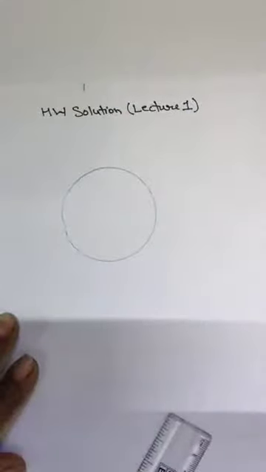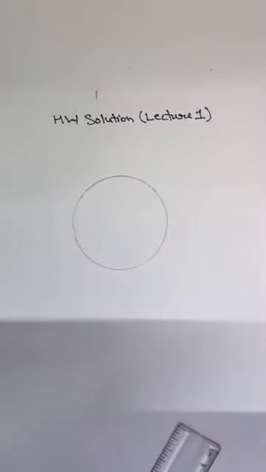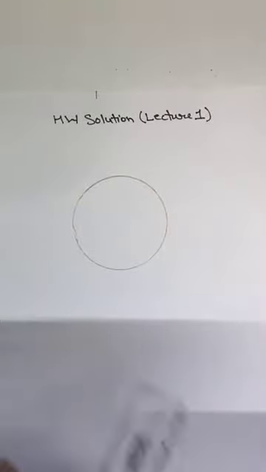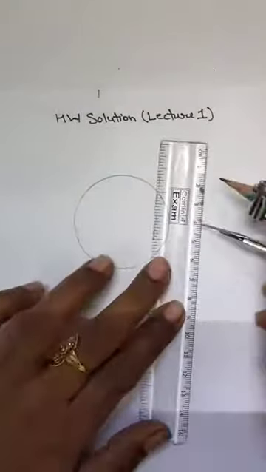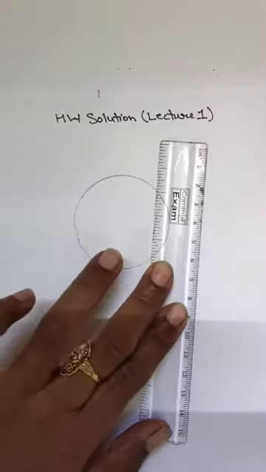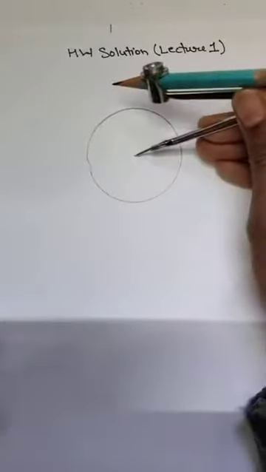Okay, now with the same center, you have to draw one more circle of radius 4 centimeter. So now we will open our compass equal to 4 centimeter. This is our center of the circle.